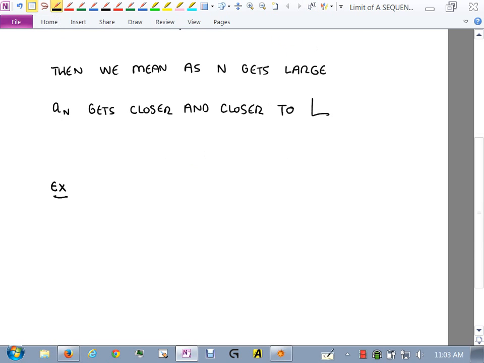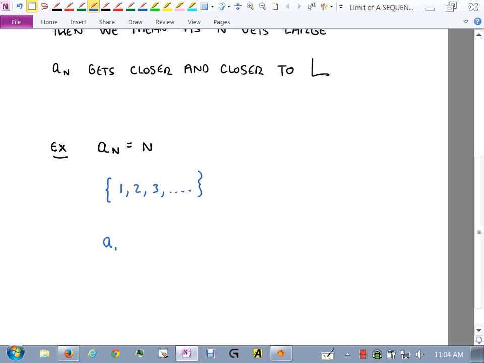We'll take a very simple one. Let me define a sub n to be equal to n. Now, if we look at this sequence of numbers and write them out, what would this list of numbers start with? 1, then 2, then 3, and then it keeps going like this, right? This infinite sequence. So what is a sub n approaching?